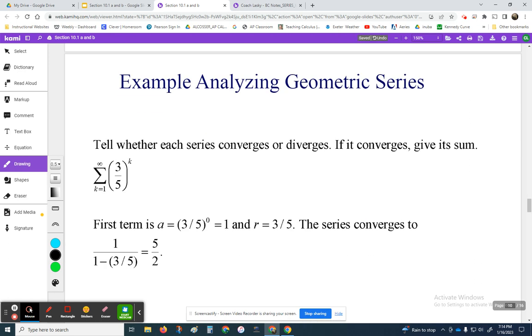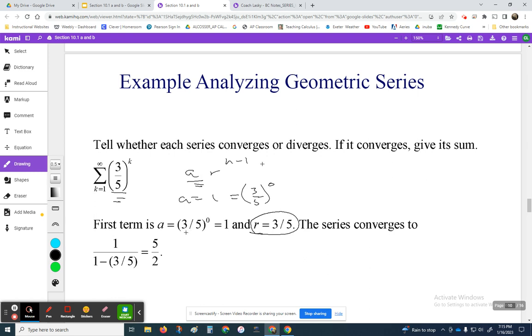Okay, let's look at this one here. We got 3/5. That's our R. There's nothing in front of here, so if it's A times R to the n minus 1, this right here, there's nothing there, so A is going to equal 1, which is really 3/5 to the 0 power.